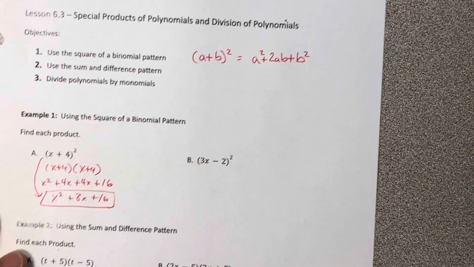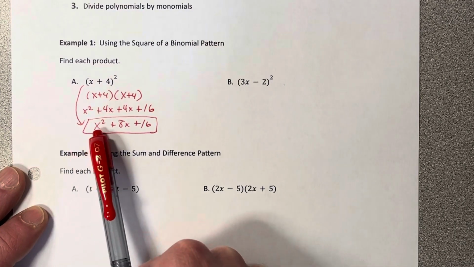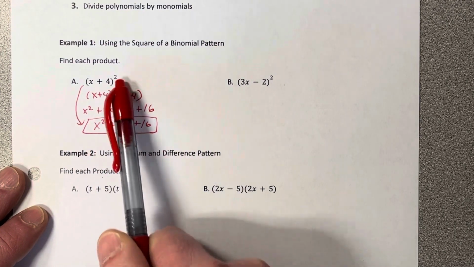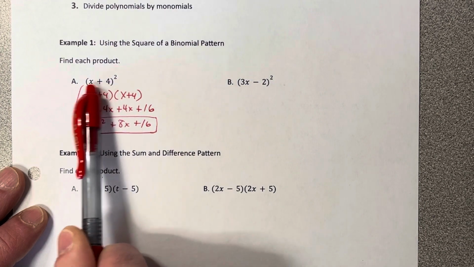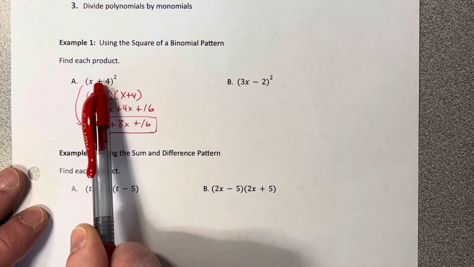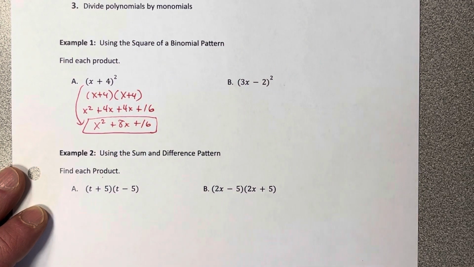So check this out. x squared, 4 squared, multiply these together, you get 4x, double it, you get 8x. It's a pattern.